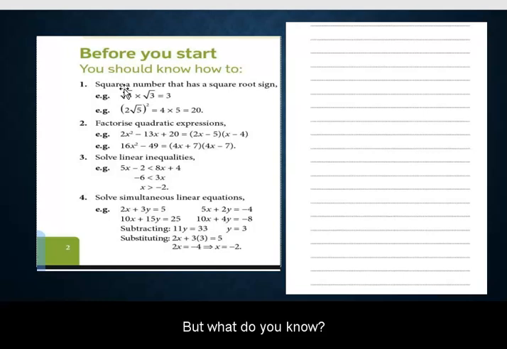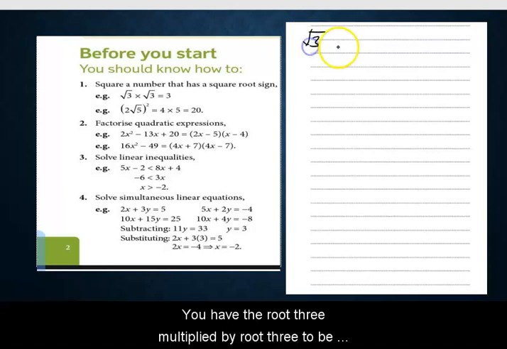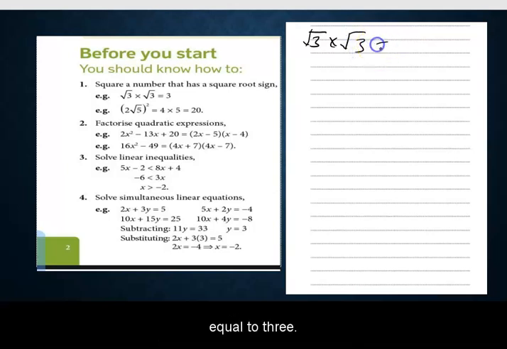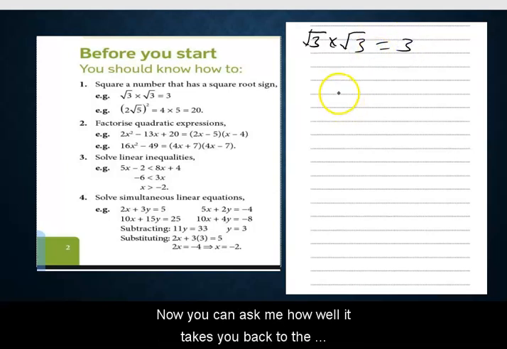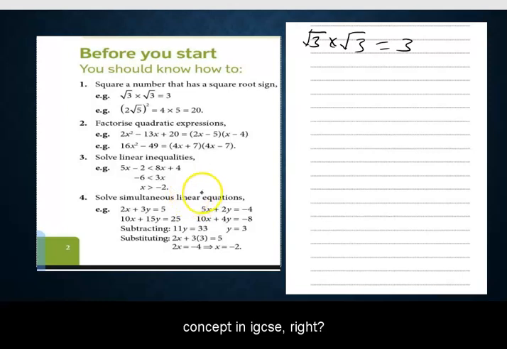But what do you know? Conceptual understanding. So here we have root 3. You have root 3 multiplied by root 3 to be equal to 3. Now you can ask me how. Well, it takes you back to the concept in IGCSE, right?